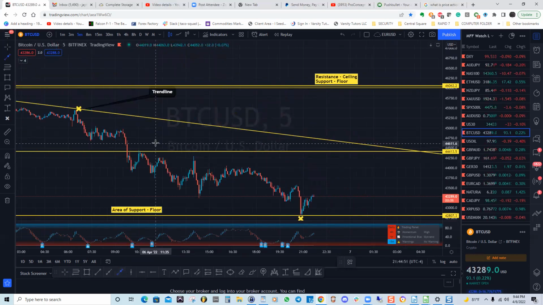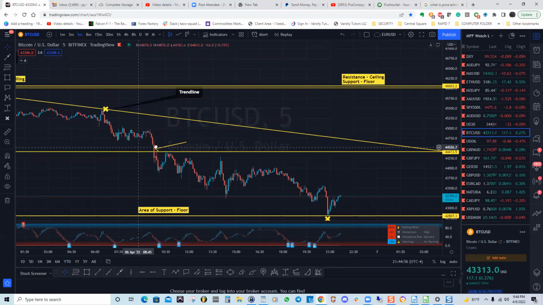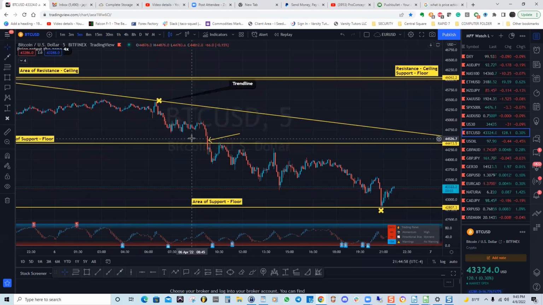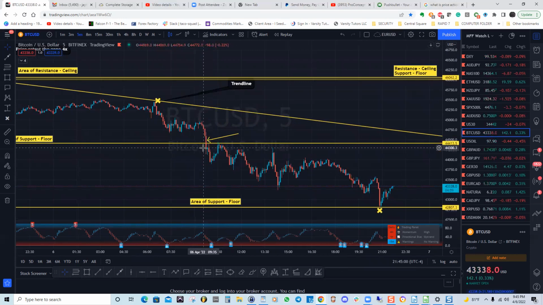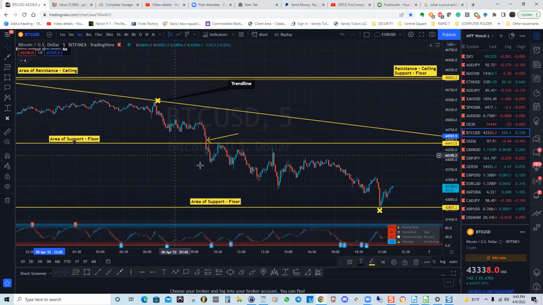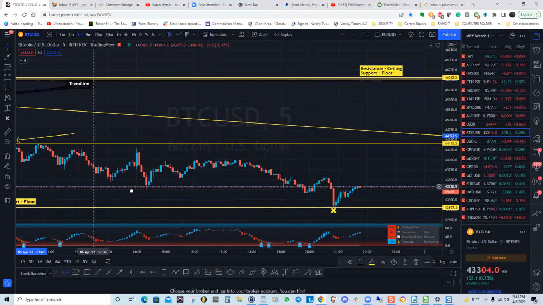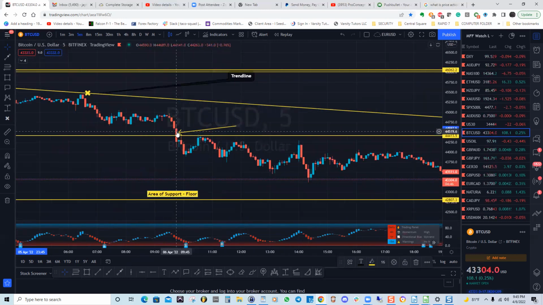This red candle right here is a very interesting candle because what did it do? It broke through this resistance, this support, right? You can see how this candle right here, let me make it bigger so you can see. Look at how this candle breaks through this yellow line.